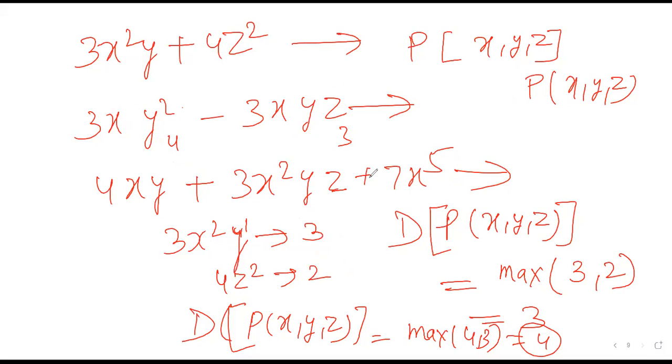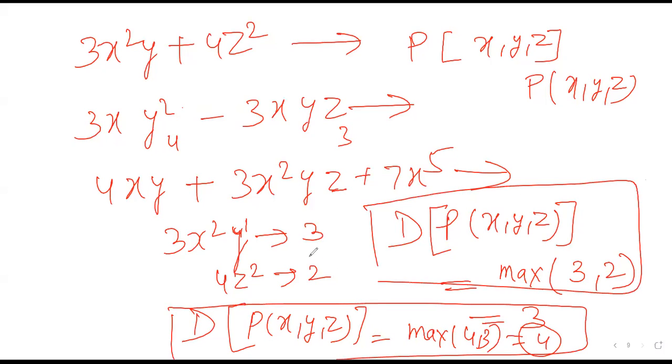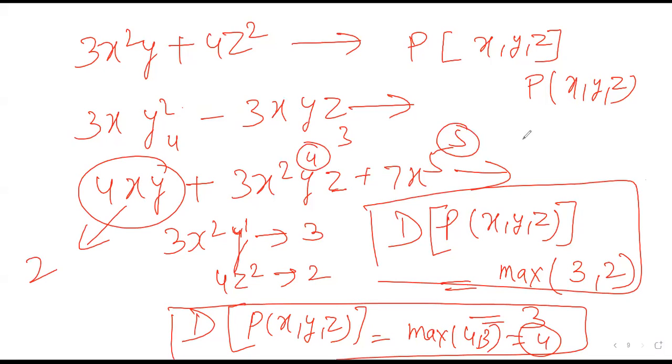So now, the degree of the polynomial will be clear. Now, what about this one? Here the degree in this term is 2, here 2, 2, 4, here 5. So clearly the degree of this polynomial p(x, y, z) will be 5.